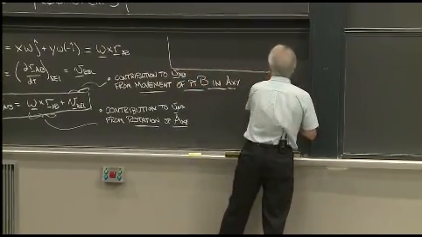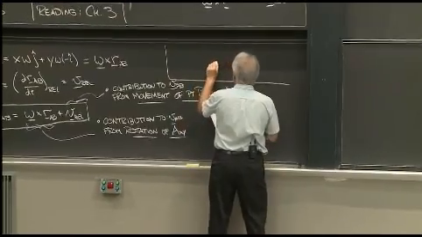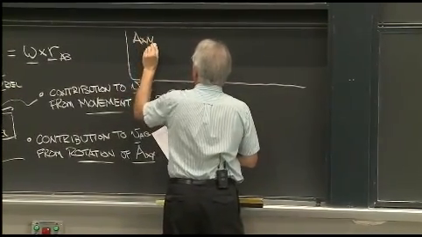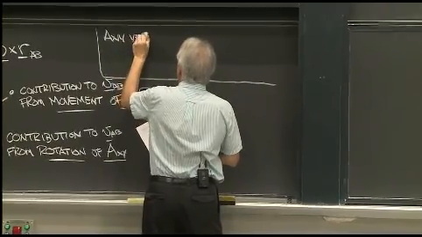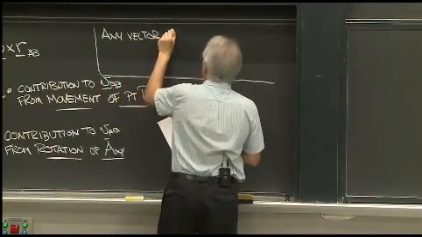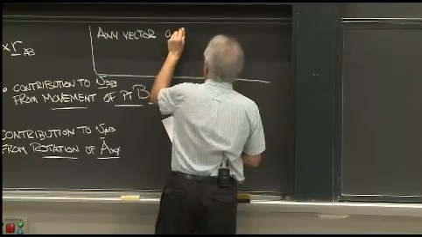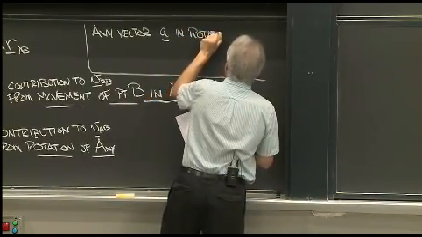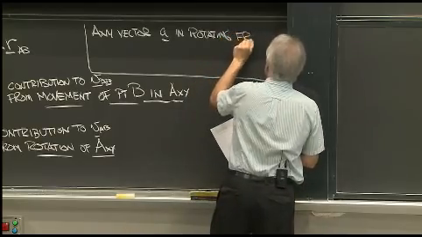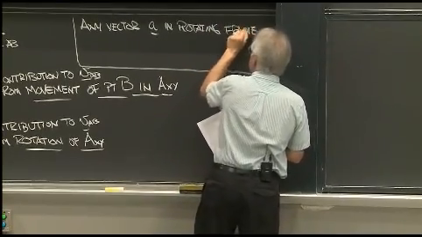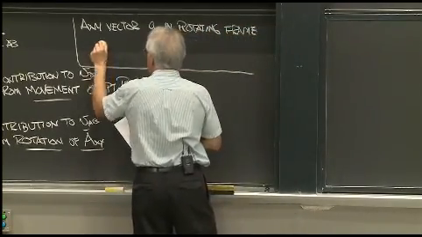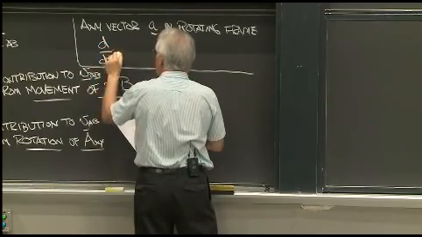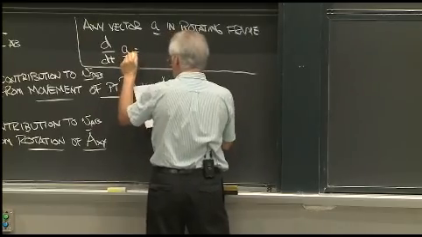Okay, in the interest of time, here's a major takeaway: we can generalize this to any vector, not just that point, not just a position, but any vector in a rotating frame.